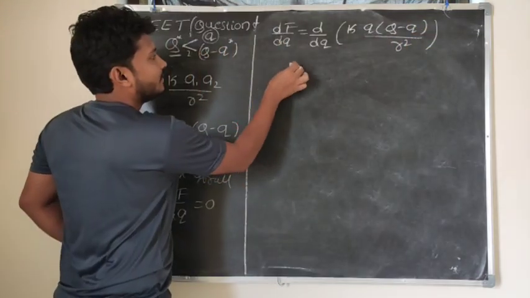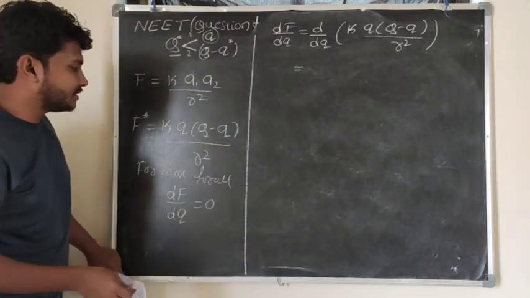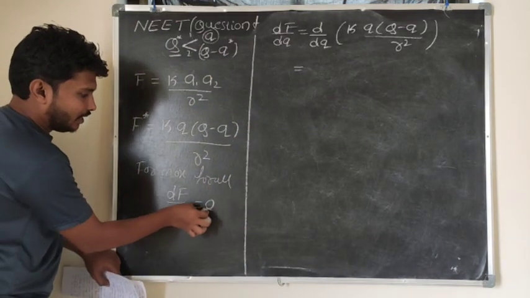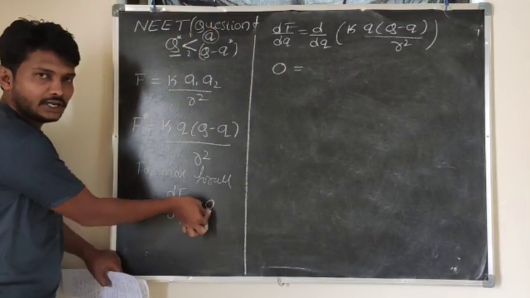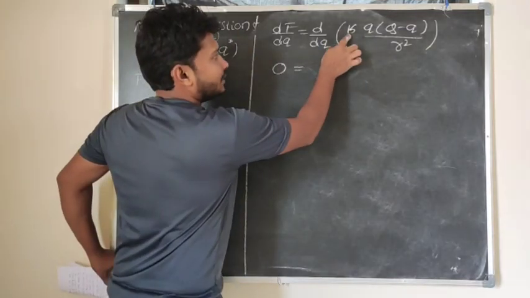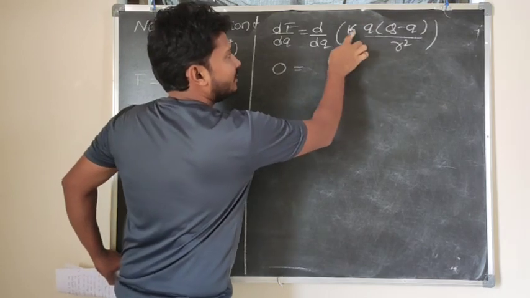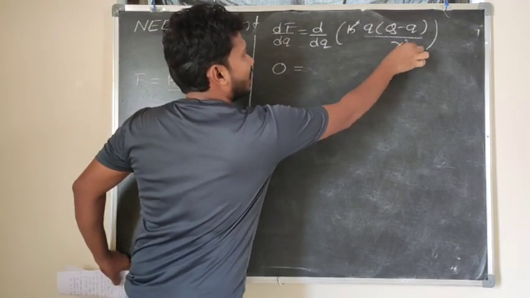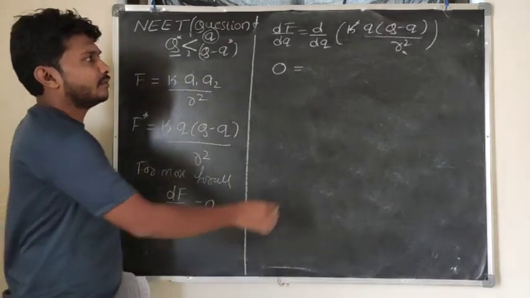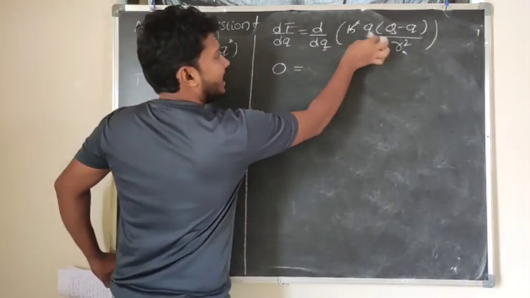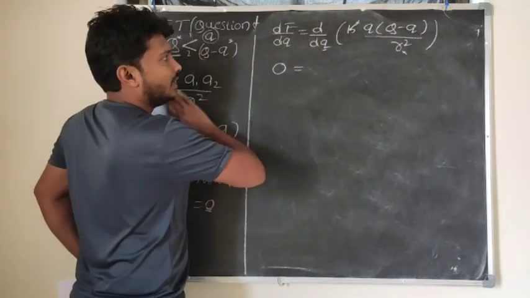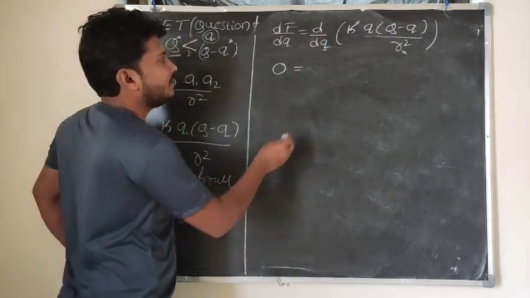Differentiation of a constant term is 0. Here k is a constant and r is also a constant. I want to differentiate with respect to the charge q, so k and r are constant terms, and the differentiation of a constant term is 0.